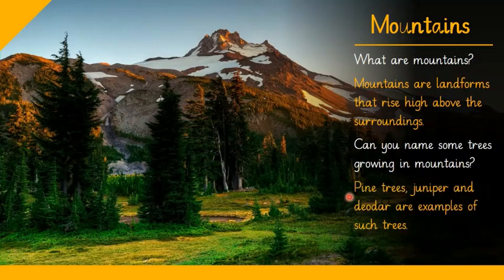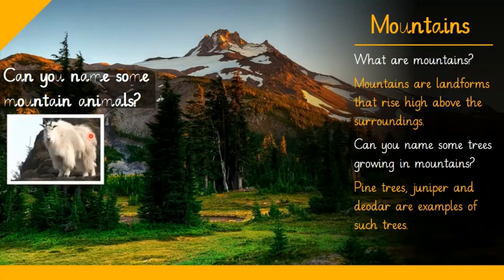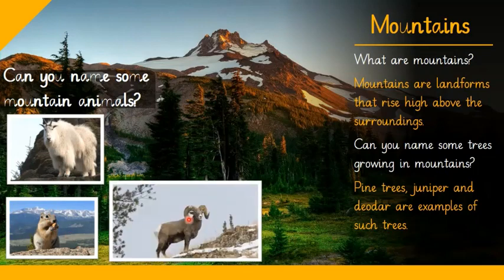Pine trees, juniper, and deodar are examples of such trees. These are the sort of trees that grow in the mountains. Can you name some mountain animals? Some of the mountain animals are mountain goat, mountain squirrels, and bighorn sheep.